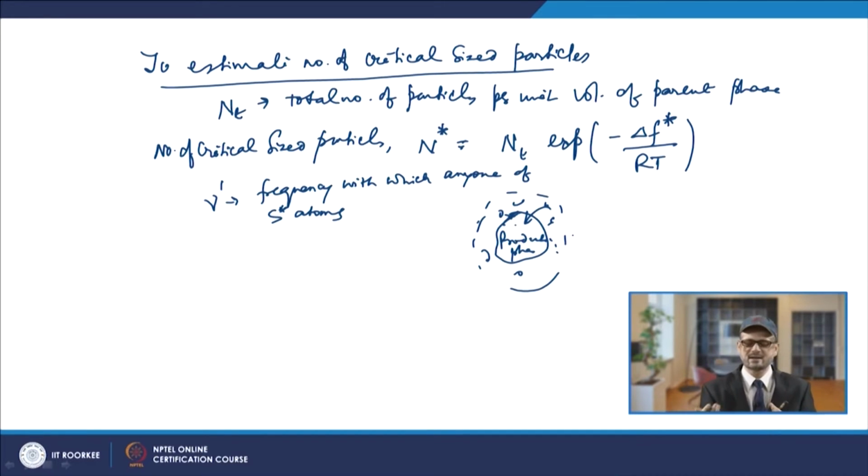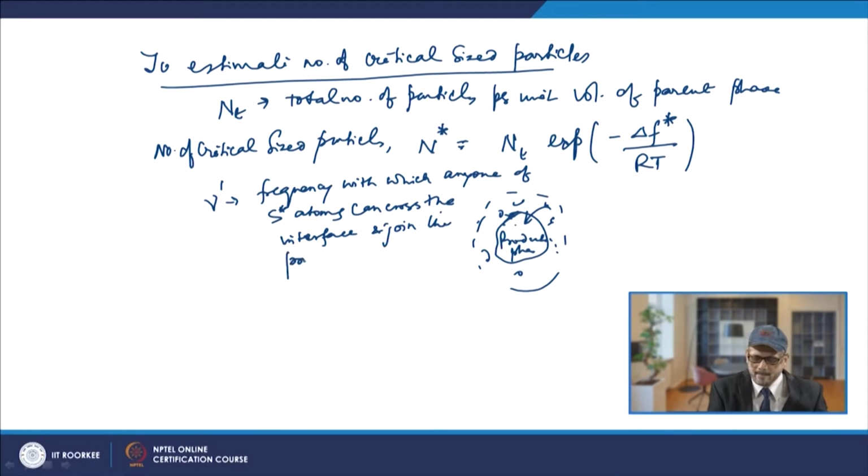So, this nu dash will be taken as S star into nu and exponential of minus delta HD upon RT.